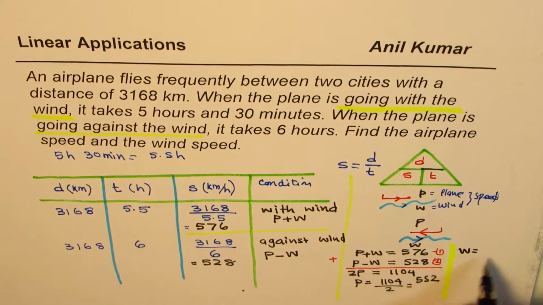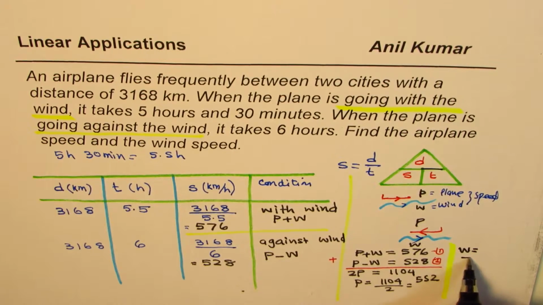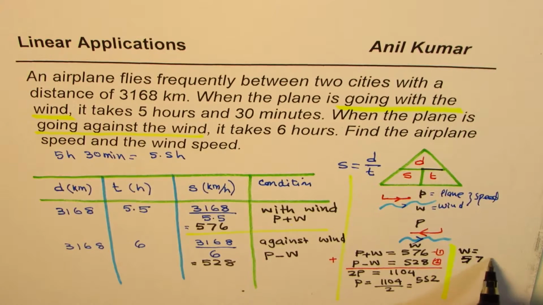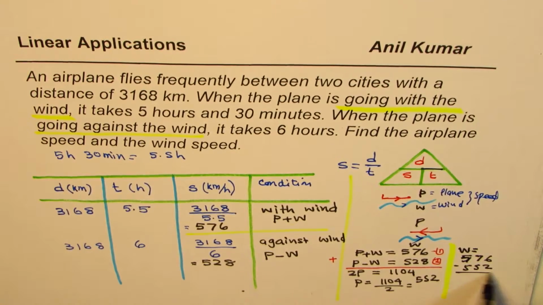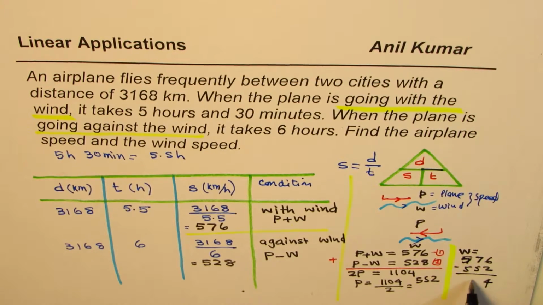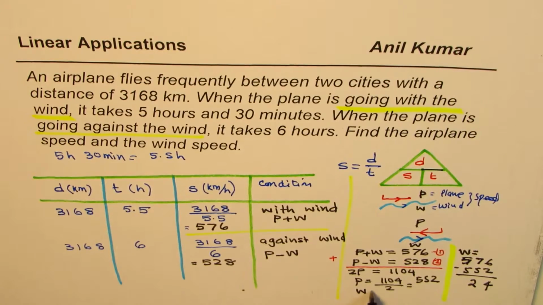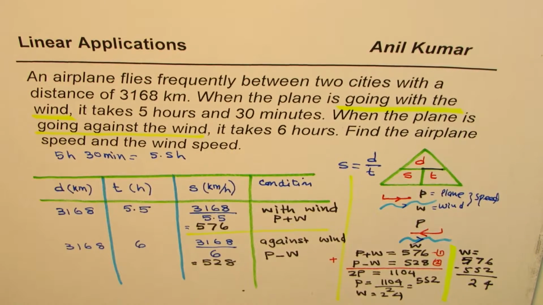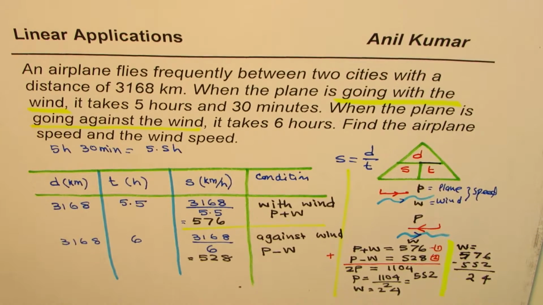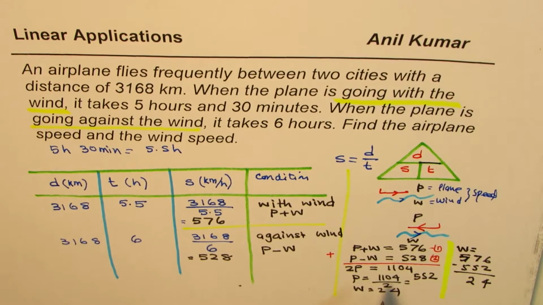So wind speed is equal to 576 take away 552. I'm just squeezing it in, and we can solve this as 24. So we get wind speed equals 24. Let me push this page a bit here. Does it make sense to you? So we got our answer.